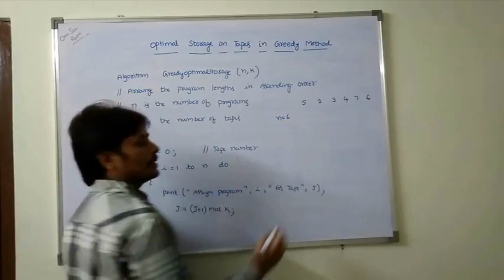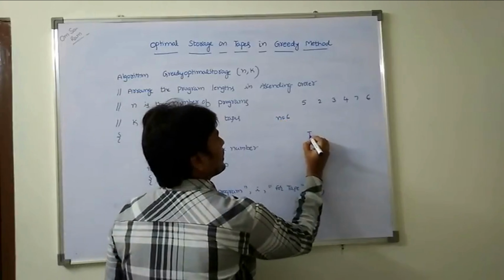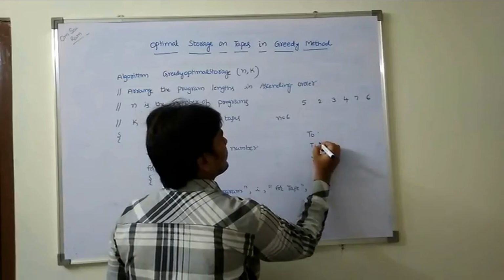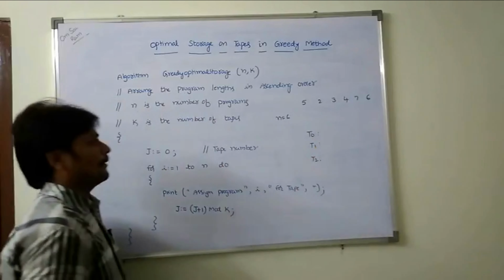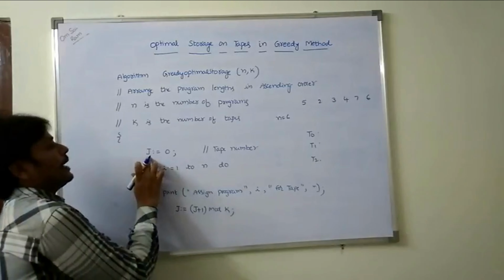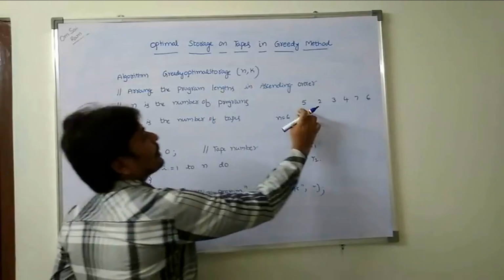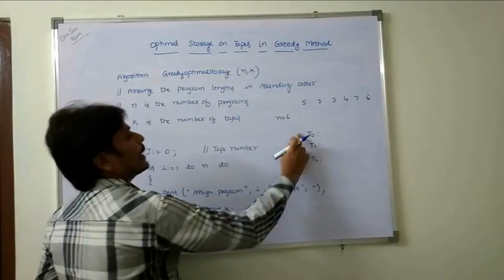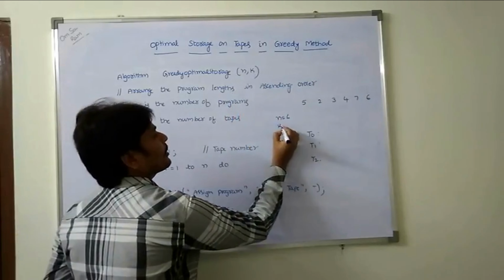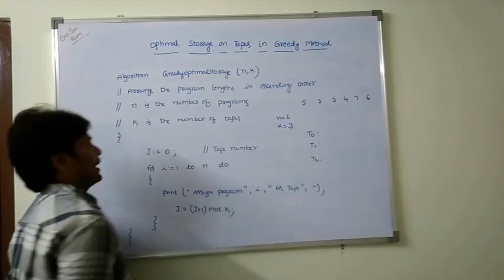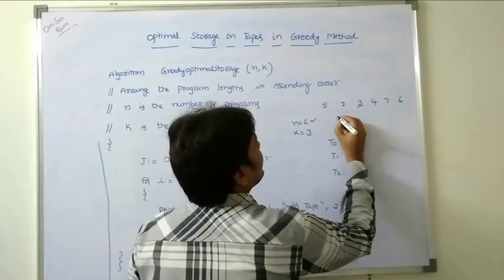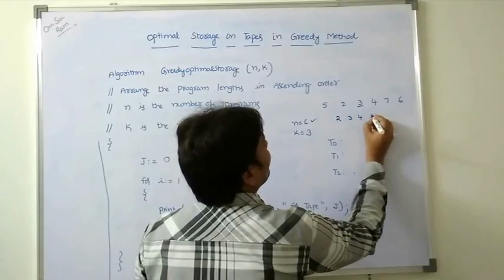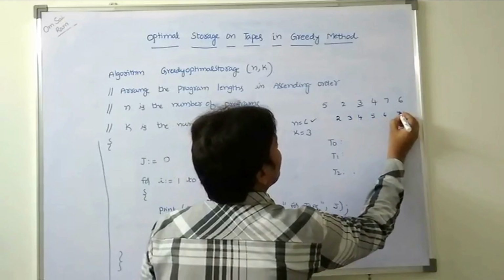Next, tapes T0, T1 and T2. First, n is equal to number of programs, that is 6. K is equal to number of tapes, that is 3. Next, in increasing order, that is 2, 3, 4, 5, 6, 7.